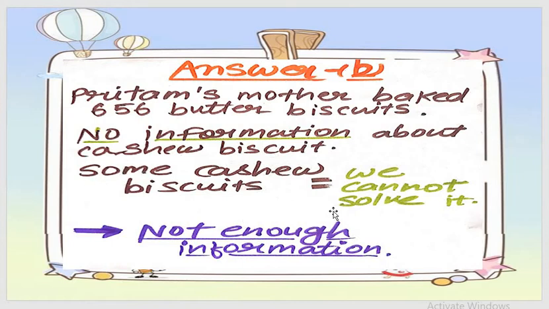They write only 'some', so we cannot solve this sum. When we do not have all the information, we write 'not enough information'. Not enough information is our answer, because there is not full information. That's why we cannot solve this sum. Got my point, all students?